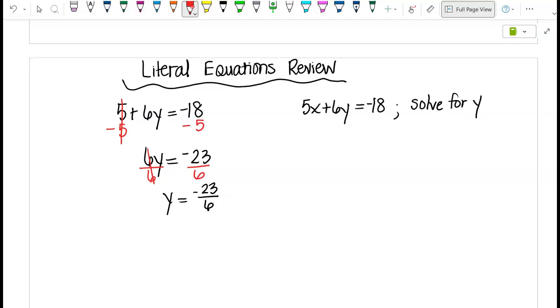Since that's a multiplication, we can move the entire thing at one time. So now I have 6y equals negative 18 minus 5x. So we have to learn to treat that second variable like it's attached to the number it's with and just move it like we would.